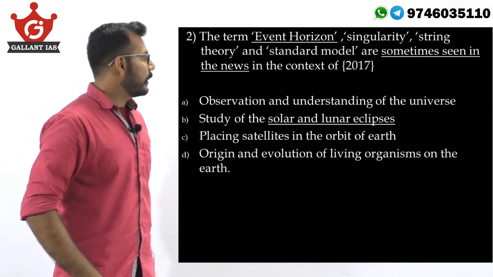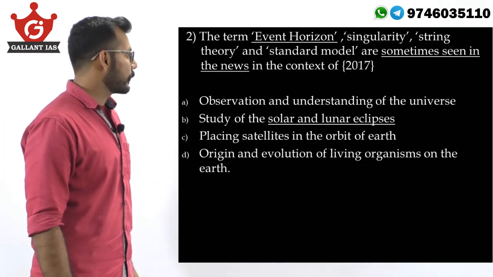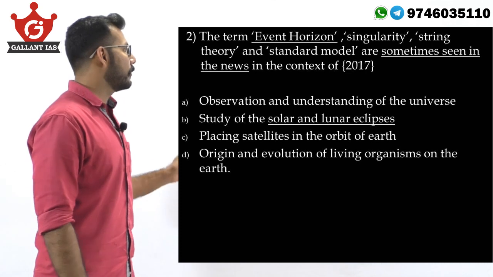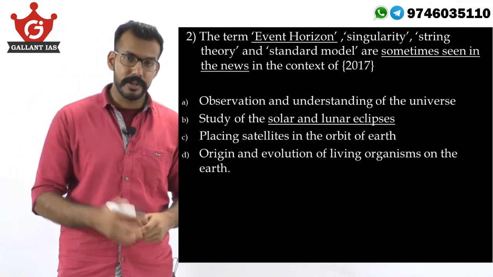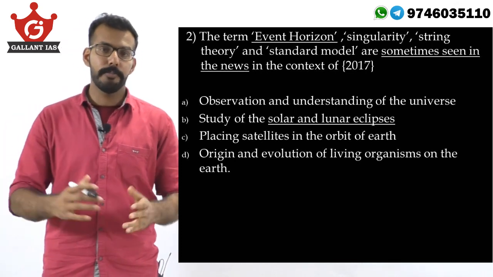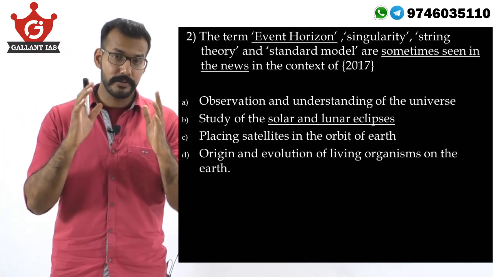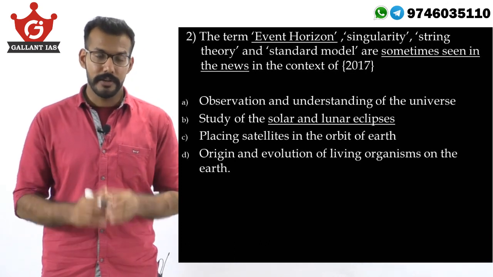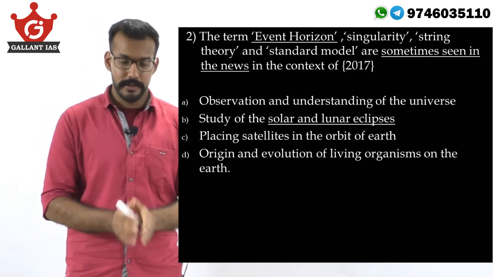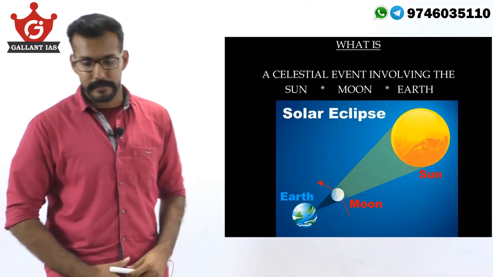And another question was asked in 2017. They asked about event horizon, the standard theory, singularity, which were all seen in the news. Similarly, a question could be expected. There is a high chance that for 2020, they're going to ask a question based on solar eclipses. So it is very important that you understand the phenomenon very well. So let's get started.